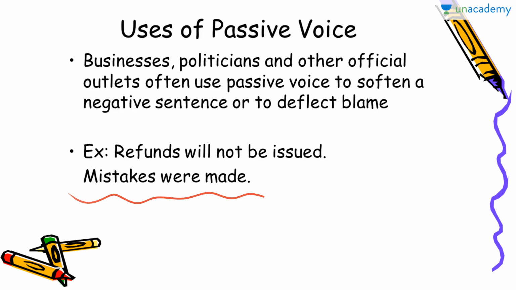It is not good for the project. So, in such cases, in business, politics, official outlets, where something negative or something which has harmed someone is to be expressed, and we don't want to blame somebody, or maybe I just want to save myself from getting blamed, the sentence format or voice I will use is passive voice.